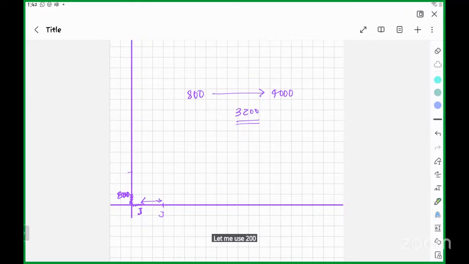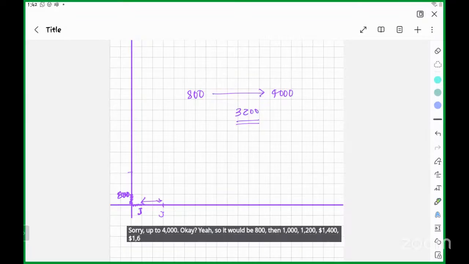For every 1 centimeter, it will be 200. Then I'll have 16 centimeters to move from 800 up to 3.2. So you play around with that. Sorry, up to 4,000. Okay? Yeah, so it will be 800, then 1,000, 1,200, 1,400, 1,600, and so on. And your figures will be captured.